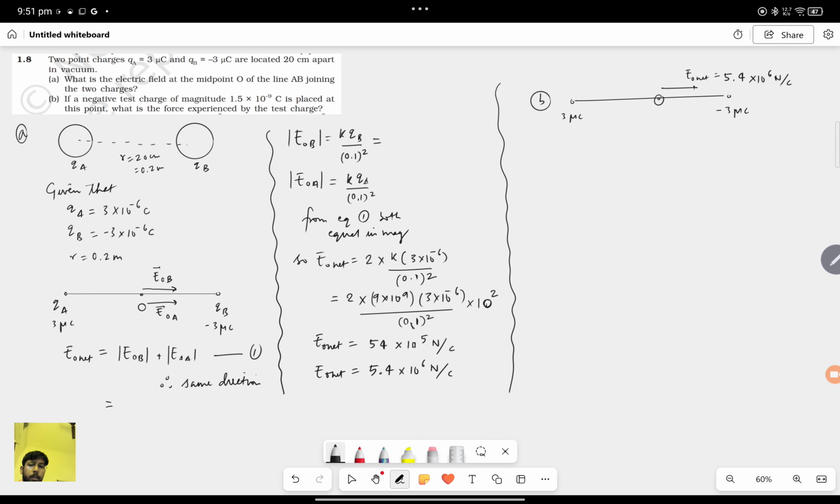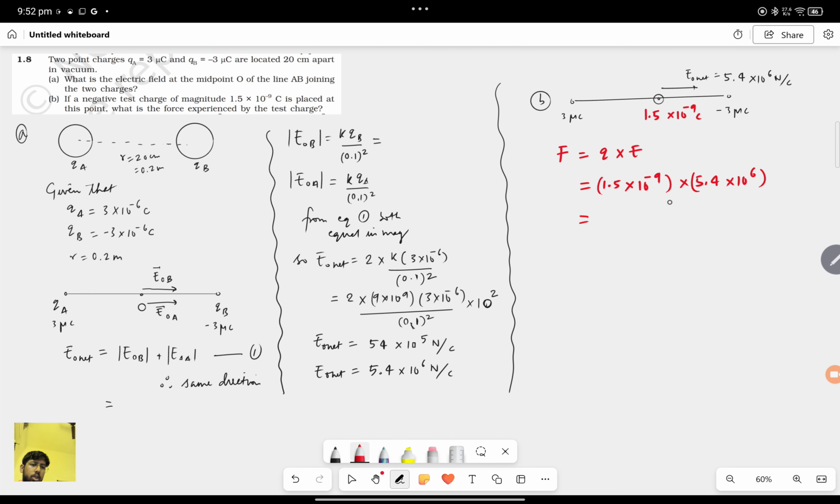Now if we are putting any other charge here, the charge is 1.5 into 10 to the power minus 9 Coulomb, then the force on this charge is F is equal to Q into E, right? So Q is 1.5 into 10 to the power minus 9 into 5.4 into 10 to the power 6, right?